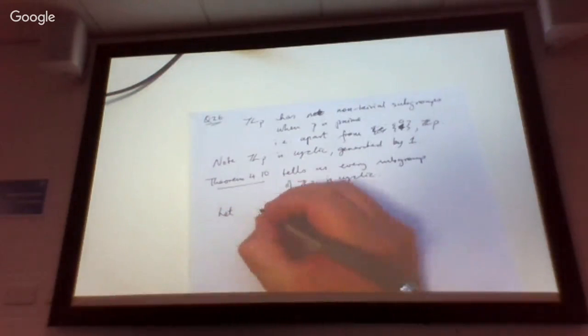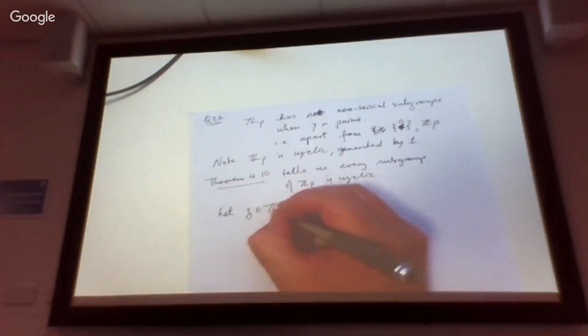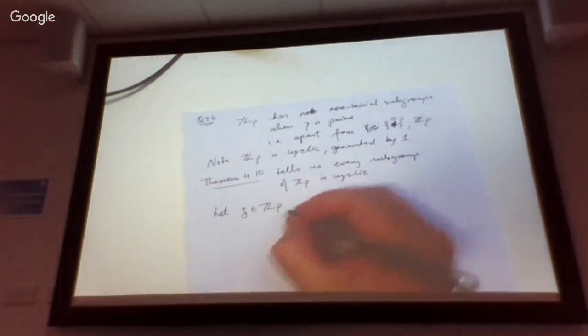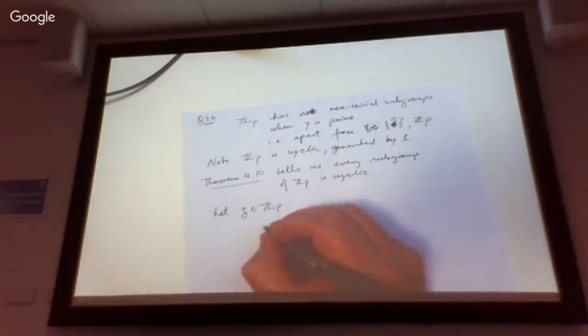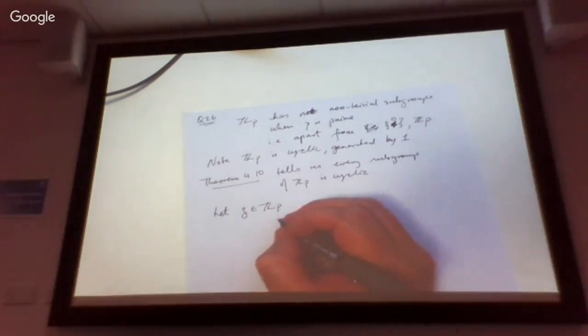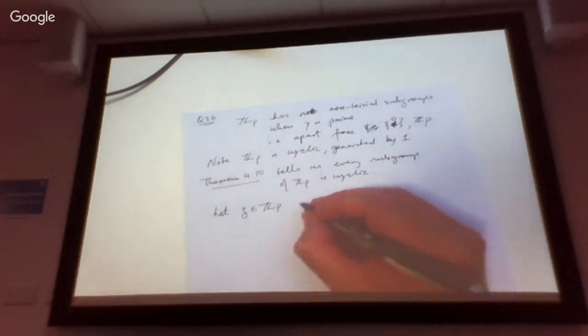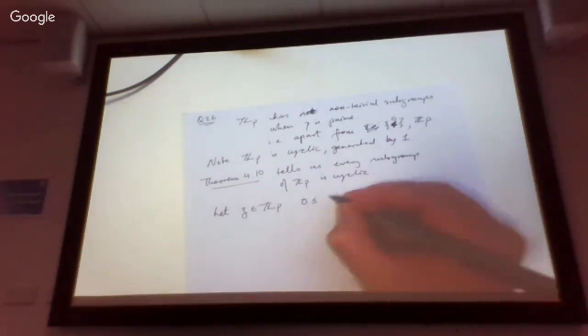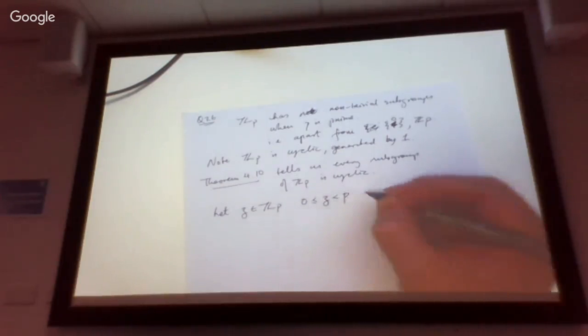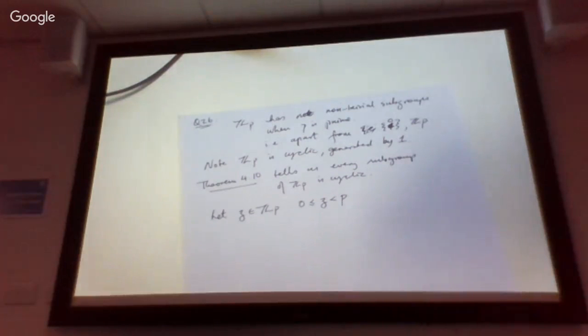Remember, the general formula was that if n had a prime factorization as a product of primes raised to various powers, then the value of the Euler-Totient function was a similar product over all the prime powers, where you reduce the prime power by 1 in each case, and then you also got an extra factor of 1 less than the prime.